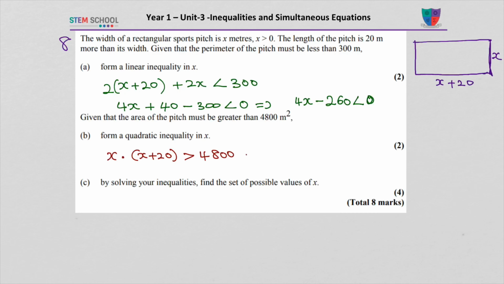And if we expand that, that implies x squared plus 20x minus 4,800 must be greater than 0.